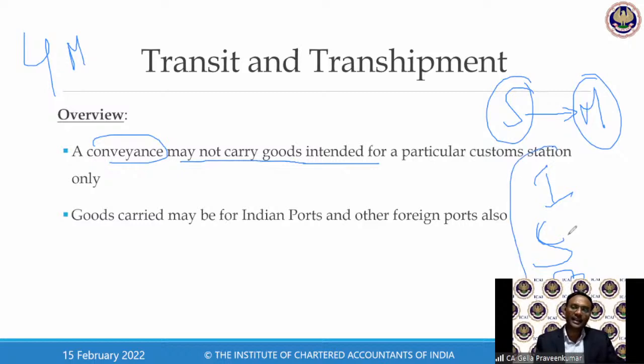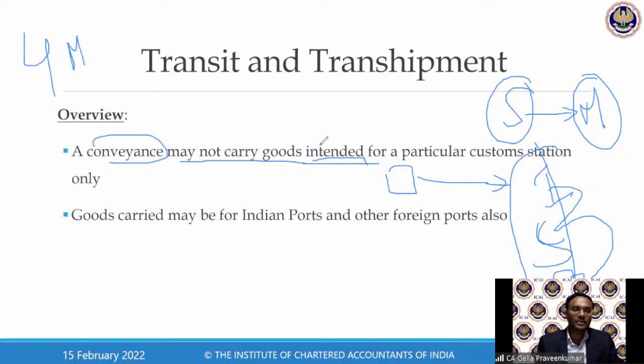When these three nations' goods are to be carried, they have a choice. You put into a small ship and let the ship do the unloading over here, or let the ship visit all the places in India and then visit Singapore, visit Burma. So this is a general practice which happens when the aircraft or a vessel comes into India.